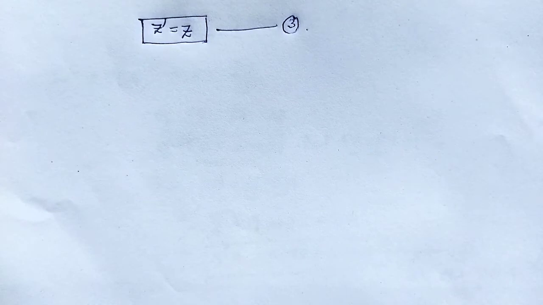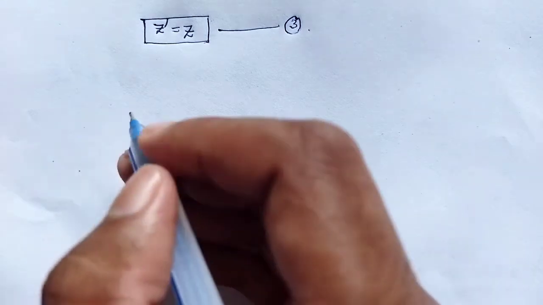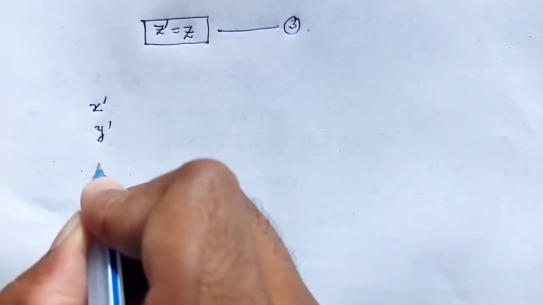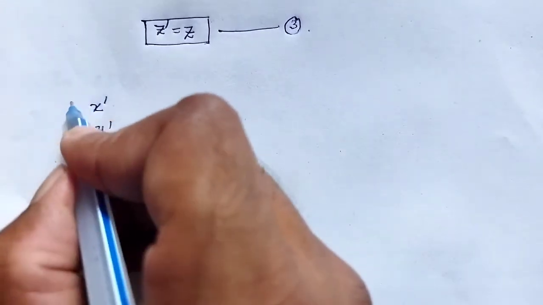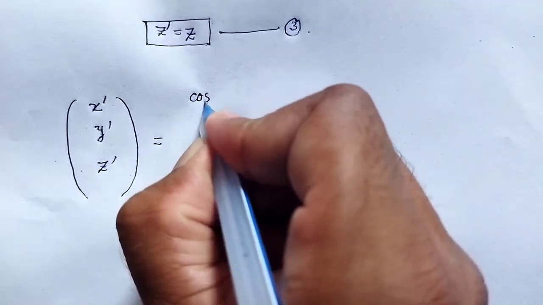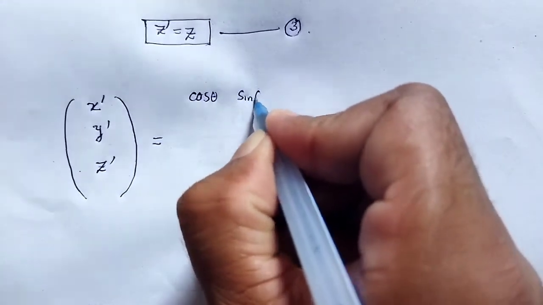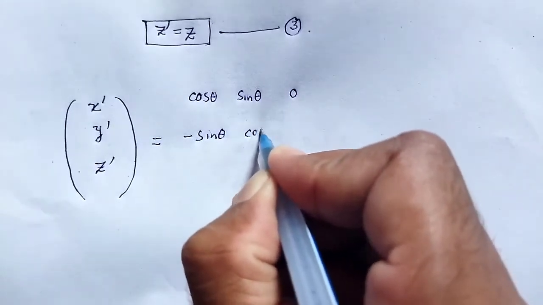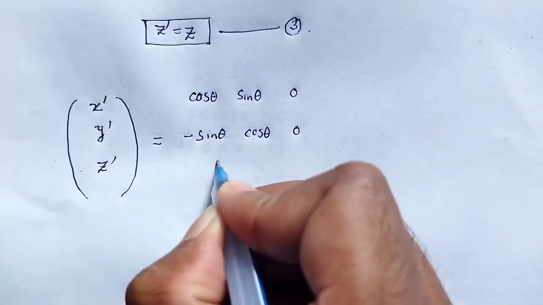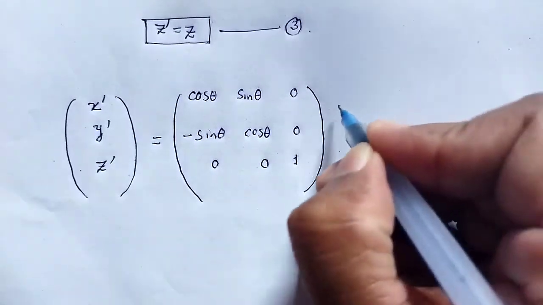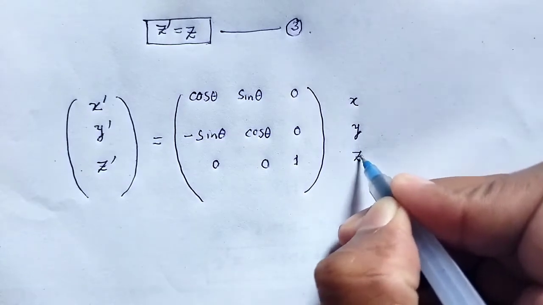So, using equations 1, 2 and 3, I can write it in the matrix form as x dash, y dash and z dash is equal to cos theta, sin theta, 0; minus sin theta, cos theta, 0; 0, 0, 1; and x, y, z.